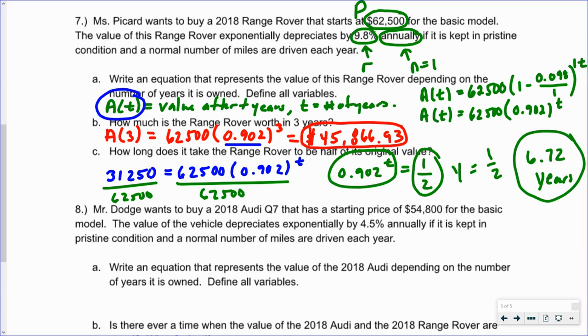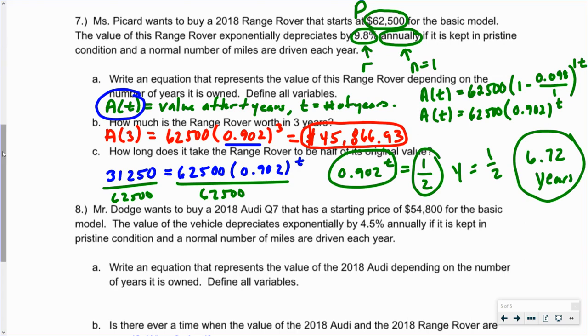So you would graph the left-hand side and the right-hand side of the equation using Desmos. In this case, y equals 1/2 would be the right-hand side, and y equals 0.902 raised to the x power would be the other side. Then we would look for the point of intersection of those graphs. In this case, you'd be looking for the x-coordinate because that's the time.